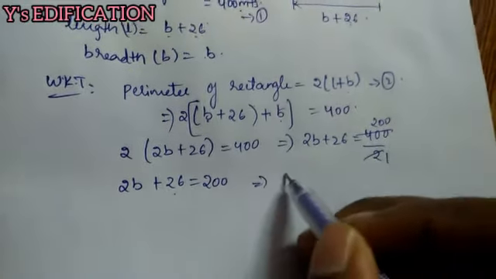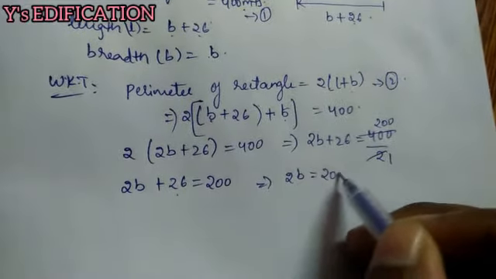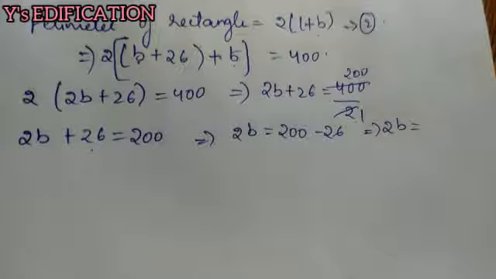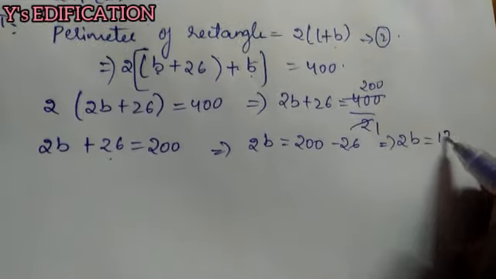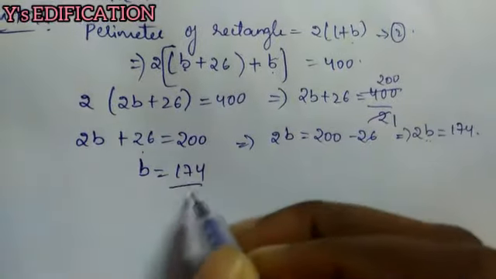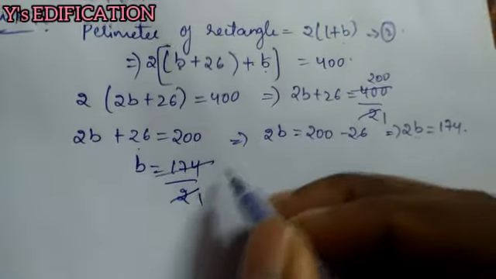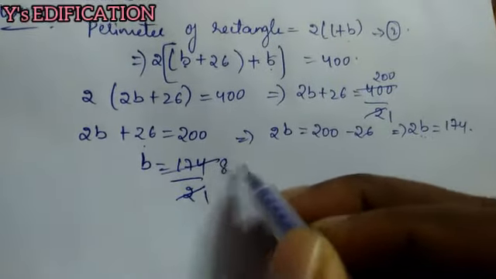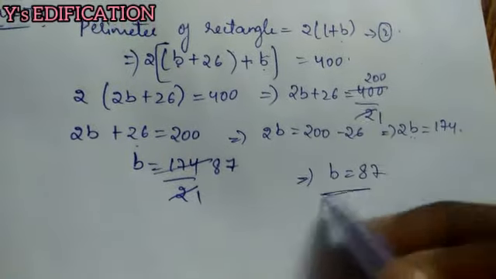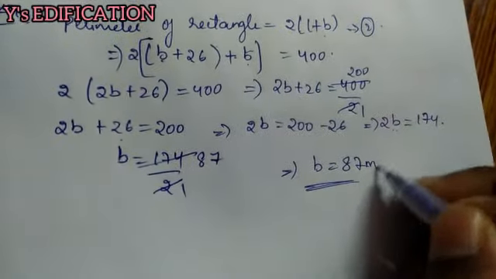Send this 26 to the RHS. 2B is equal to 200 minus 26, so 2B is equal to 174. We want the B value, so B is equal to 174 by 2. 2 8s are 16, 2 7s are 14, so the breadth is 87 meters.